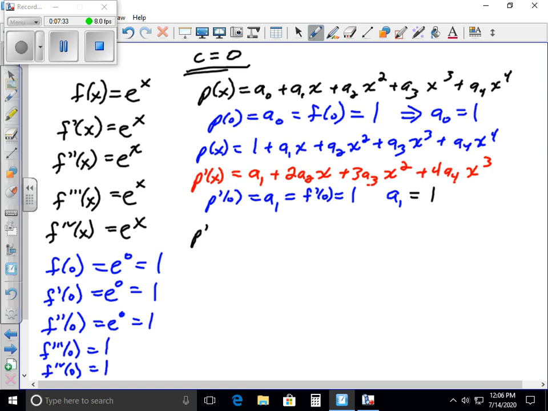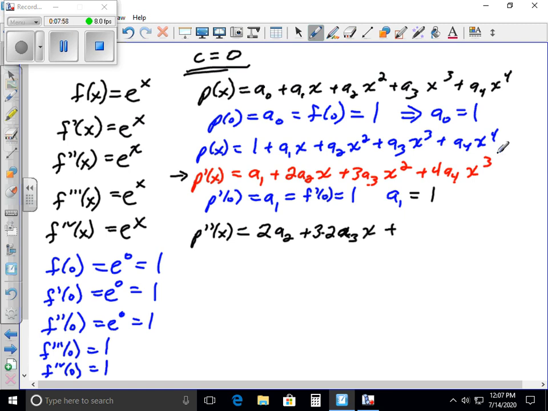Now if we take our second derivative, and I'm just going to go back here, the derivative of a constant is 0, so we're going to get 0 plus 2a2. For the next term, we would bring this 2 down, so we would have 3 times 2, a sub 3 x.